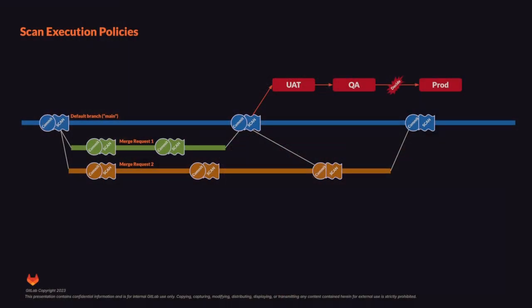Because keep in mind, the scan here on the default branch is also allowing this commit to be used by another team. So in addition to blocking deployment, if you were blocking on this scan, you'd be blocking that team's ability to actually use that code. And you don't necessarily want to block development on the results of security scans because there can be such a variety in the results that you're getting.